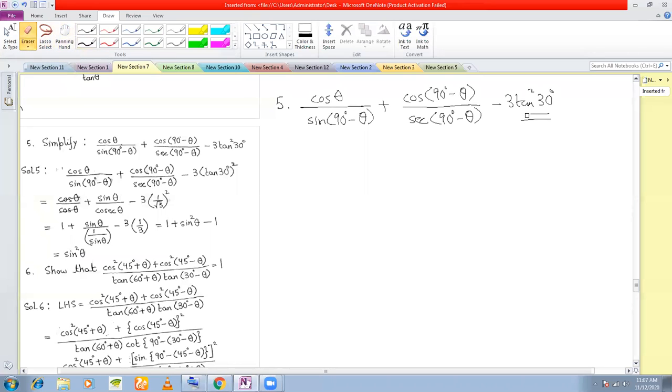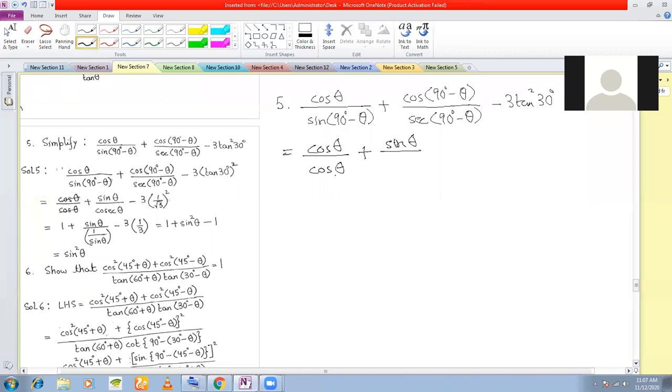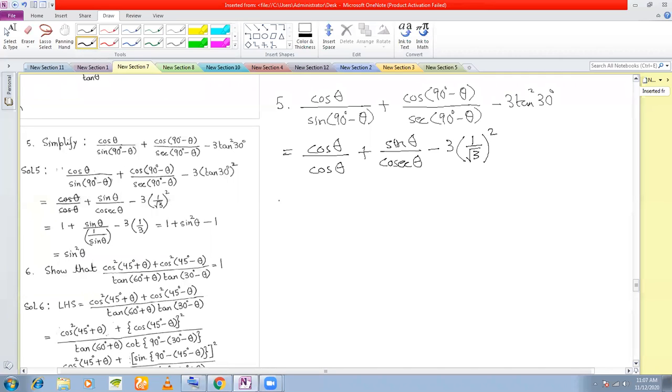So we start from this cos theta, and you know sine of 90 degree minus theta is cos theta. We put cos theta, plus cos of 90 degree minus theta, which is sine theta, divided by sec of 90 degree minus theta, which is cosec theta, minus 3 tan 30, where the value is 1 by root 3, so you put 1 by root 3 and square. This cos cancels.